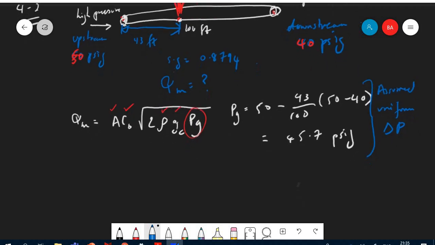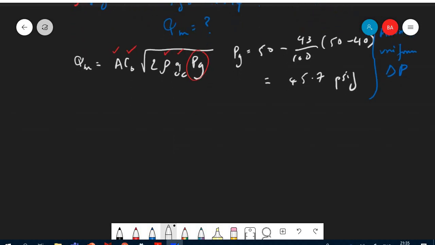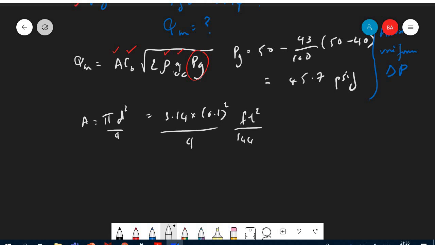So I have the value of PG, and all I need to do is substitute. Before I substitute, I need to calculate A, which is pi d squared over 4, and in this case it is 3.14 times 0.1 squared over 4. With conversion, this is 5.45 times 10 to the power minus 5 feet squared.